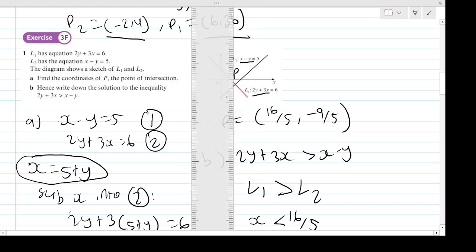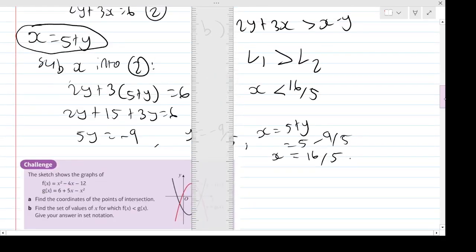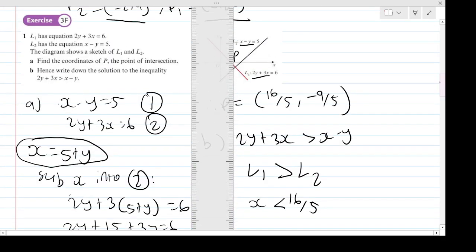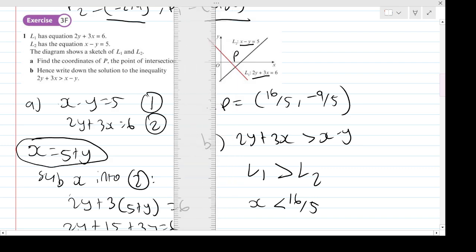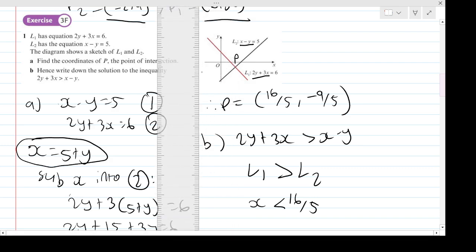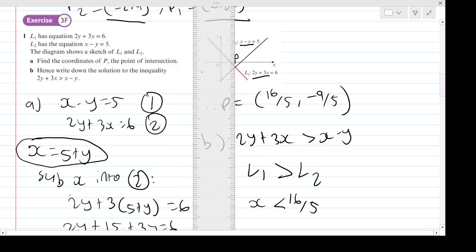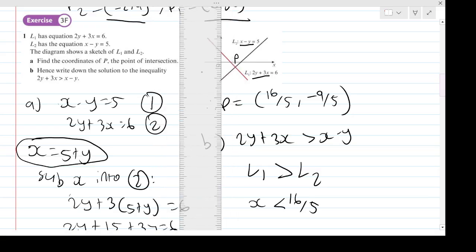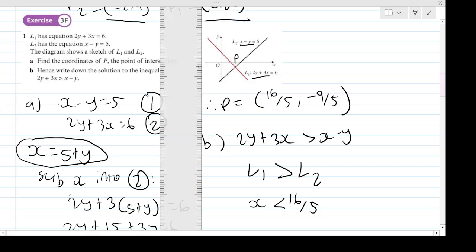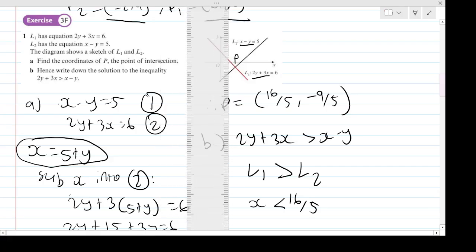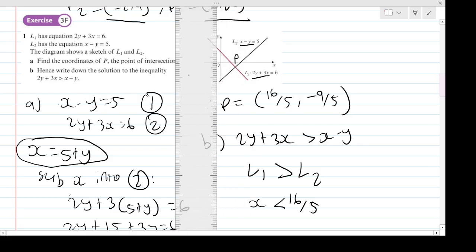So the place where L1 is greater than L2 is before the point. Until we reach the point from the left, L1 is bigger than L2. Then it flips around after P. So that's the solution.